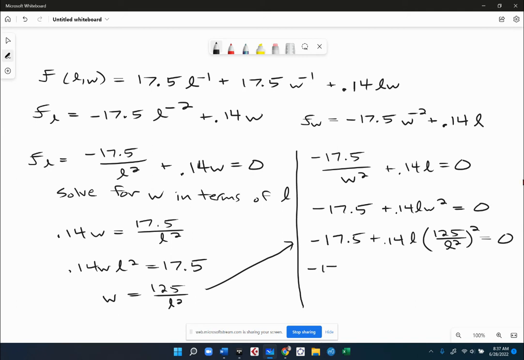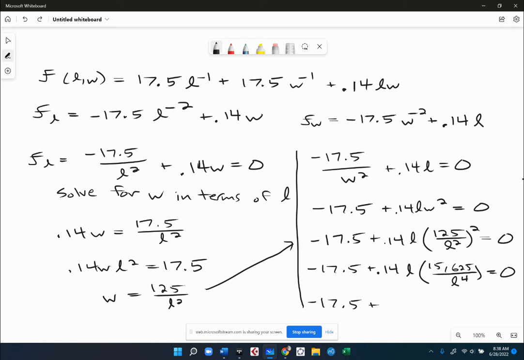So we have negative 17.5 plus, let's square that out, 0.14 L times 125 squared is 15625. That's calculator stuff. Over L to the 4th, right? We have to square the numerator and the denominator. That equals 0. Clean that up. That's negative 17.5 plus 0.14 times 15625.